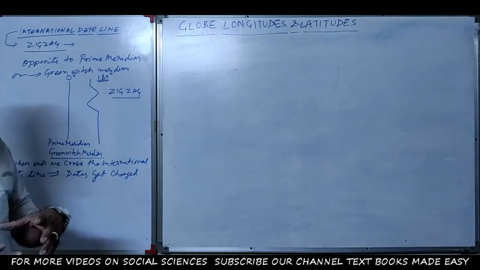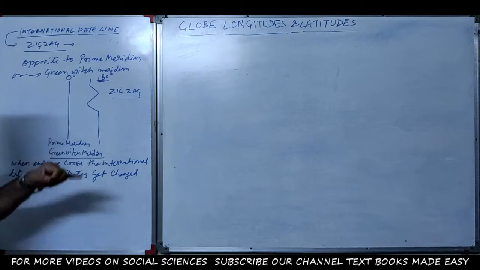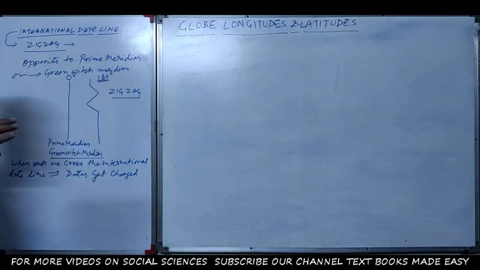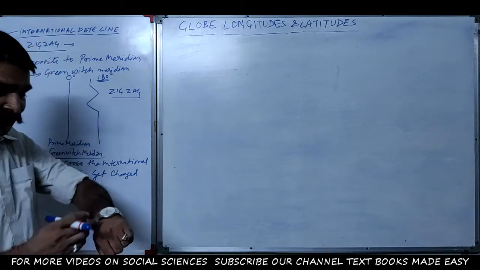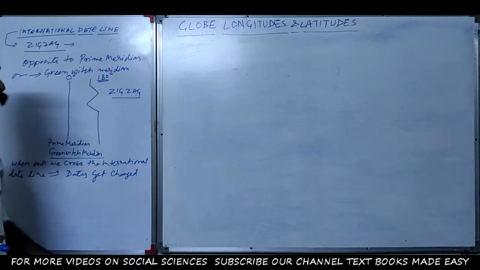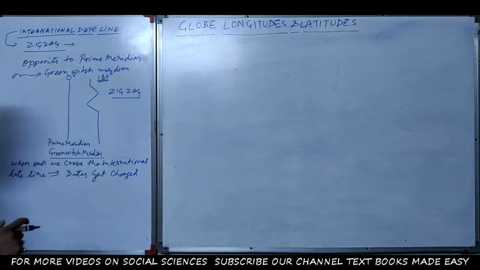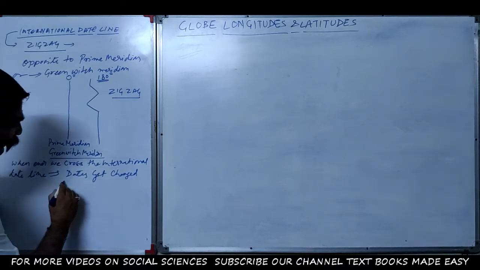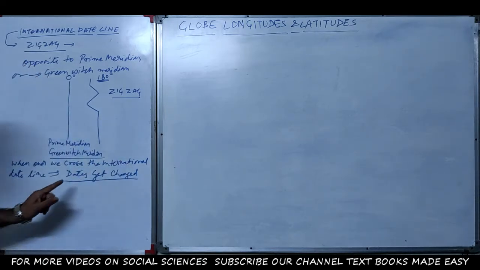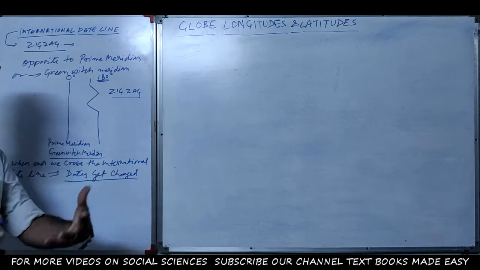Suppose I have traveled by air and I have crossed this international date line, then I have to adjust my date. Okay, so whenever we cross the international date line, the dates get changed.